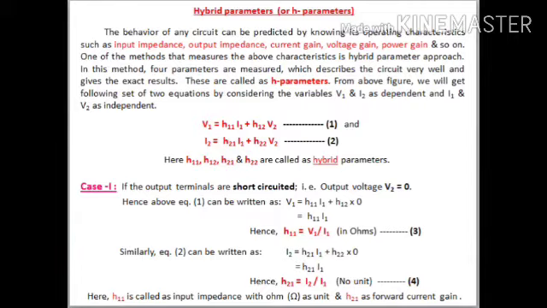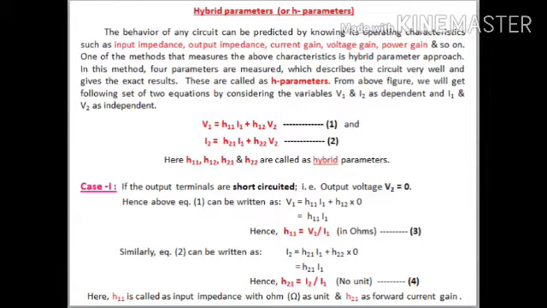One of the methods that measures these characteristics is the hybrid parameter approach. In this method, 4 parameters are measured which describe the circuit very well and give exact results for its analysis. These are called H parameters.